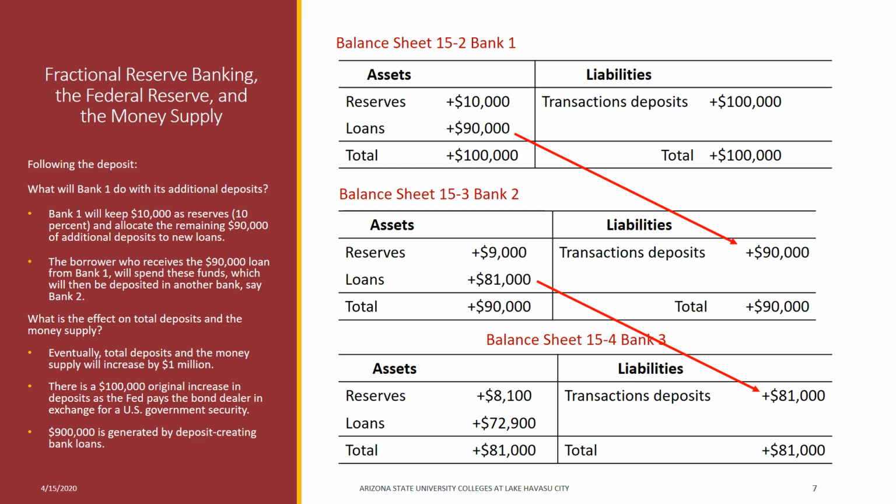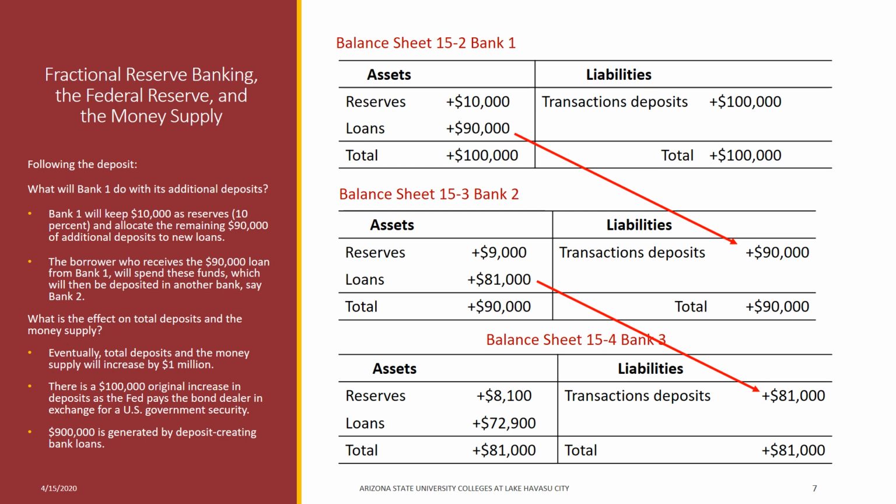At this point, the Fed's purchase of a $100,000 US security from the bond dealer has increased the money supply immediately by $100,000. This occurs because transaction deposits held by the public, that is the bond dealers, are part of the money supply.